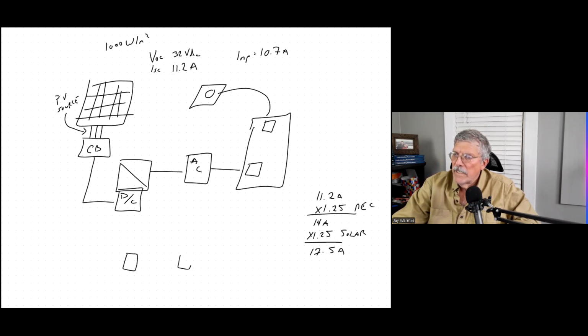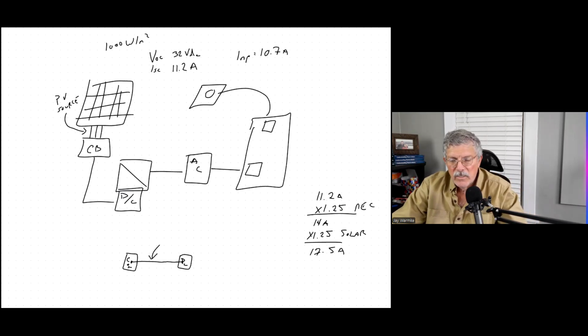So this is my DC disconnect. This is my combiner. And I've got wire connecting those two. Well, the ampacity rating for that section is not just the wire, but it's the connection point inside that combiner box and the connection point inside that DC disconnect.